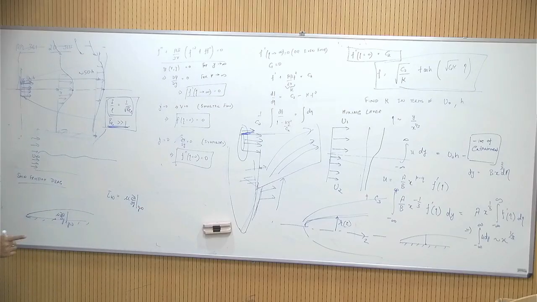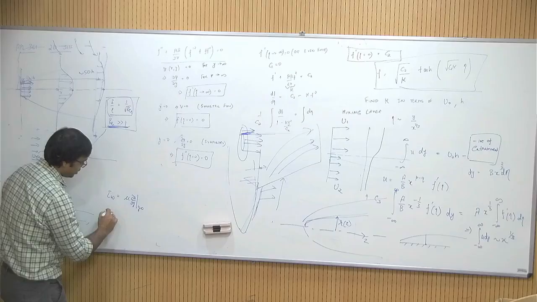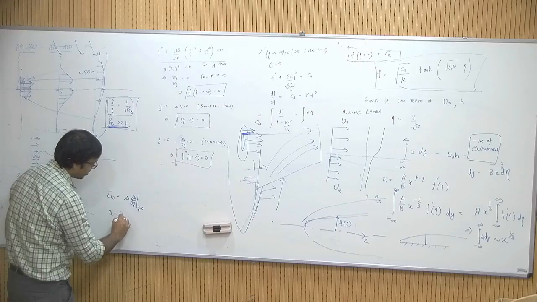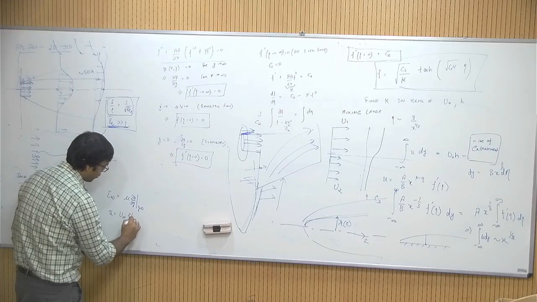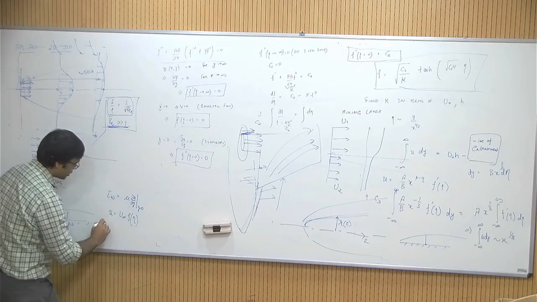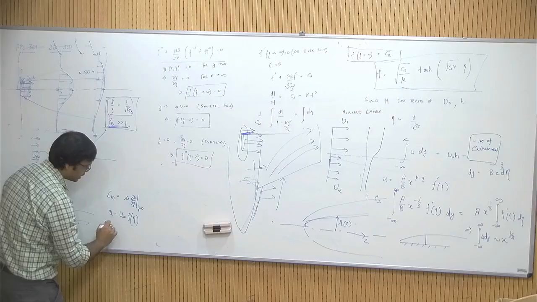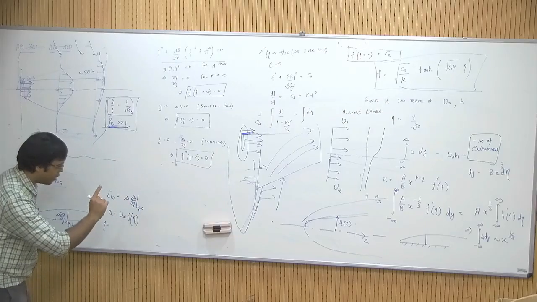Now if you go and look at our zero pressure gradient boundary layer solution, we said that u is some u infinity f of eta, where eta, if you remember, we did all of this in dimensionless quantities.